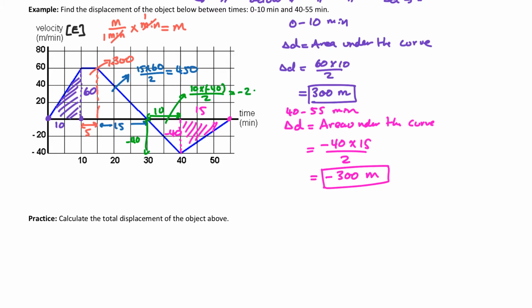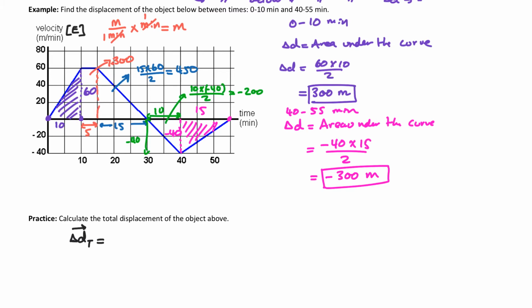So the total displacement is basically the displacement from here to here, plus here to here, plus here to here, plus here to here, plus here to here.